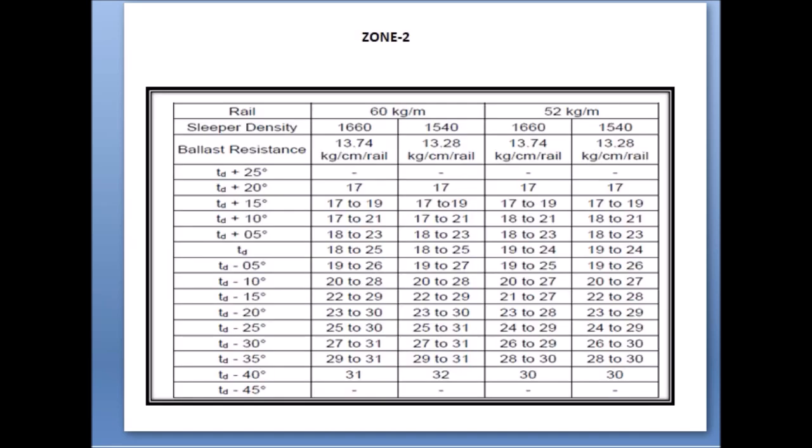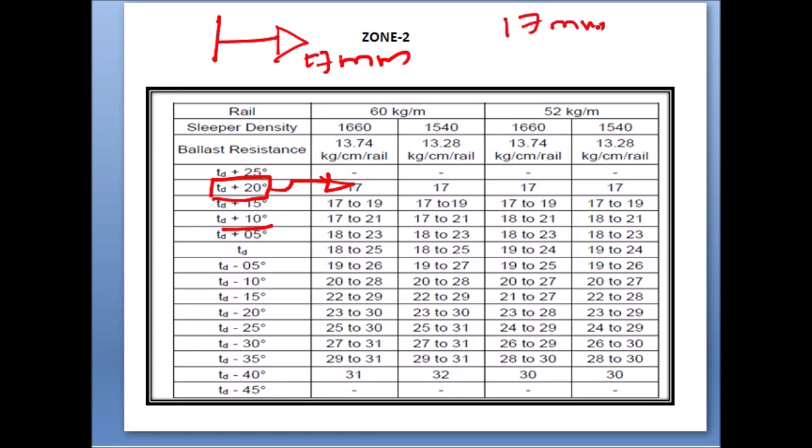So we will recheck here. Suppose whatever temperature we got was TD plus 10 or TD plus 20, let us say. So at this temperature, what should be the gap? 17 mm. From the reference post, the location of the tongue rail should be how much? 17 mm. Suppose you get 17 mm, okay.